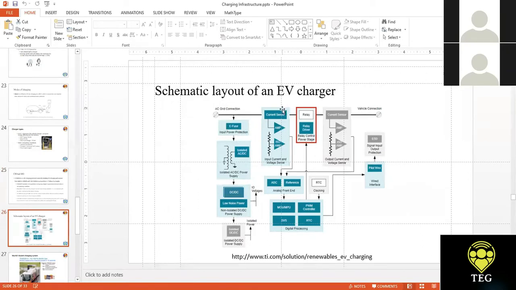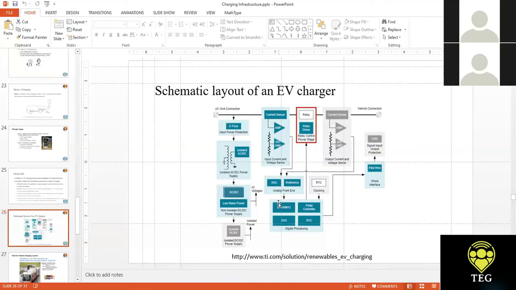Then it has current sensors, various relays, DC-DC converters and an isolated AC to DC converter. Then it has a digital signal processing microprocessor, or DSP microprocessor. Then it has various ADCs, analog to digital converters, and also various other sensors.